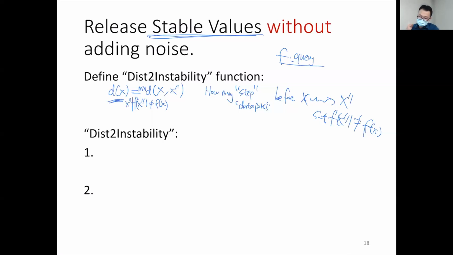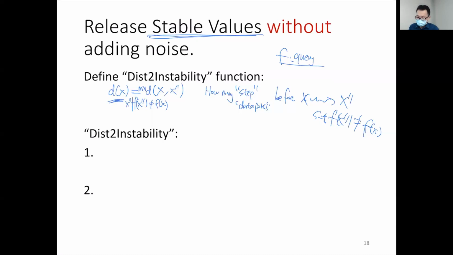So the distance to instability mechanism is also straightforwardly stated, which leverages this d of x. And so observe that d of x itself is a function with bounded global sensitivity. So if the closest data set from x requires you to jump k times in order to make f of x different, then changing x to x prime, where x prime is a neighbor, is only going to at most make the distance to instability d minus 1 or d plus 1, right?